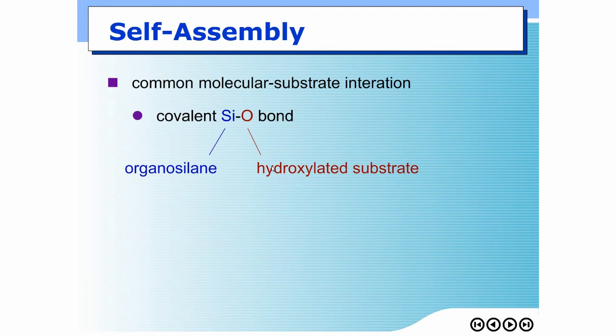Maybe if you want to grow something on glass, that glass would be silicon dioxide, and that oxygen would come from glass. Or you may have some metals, and then you treat those metals to have maybe an oxide layer or hydroxide groups on the surface. So the first step would be treating the surface to have oxygen, and then add organosilane. There will be a reaction onto the surface to bind this silane to oxygen onto the surface. Then you form this bond. That link will be formed.